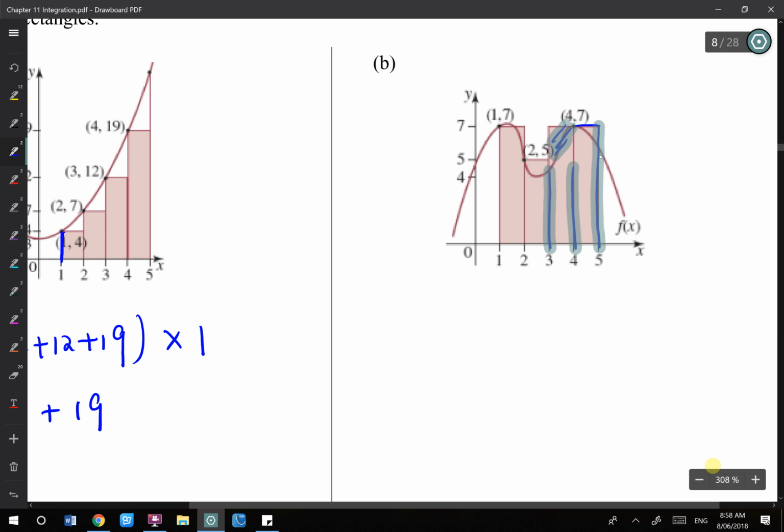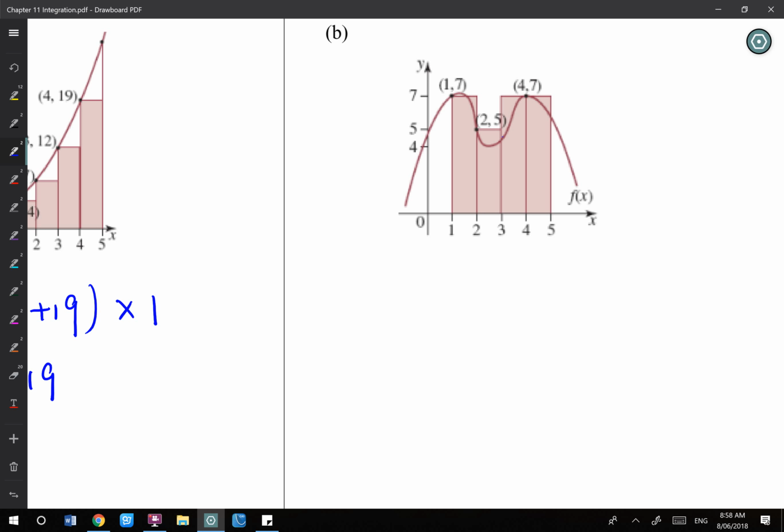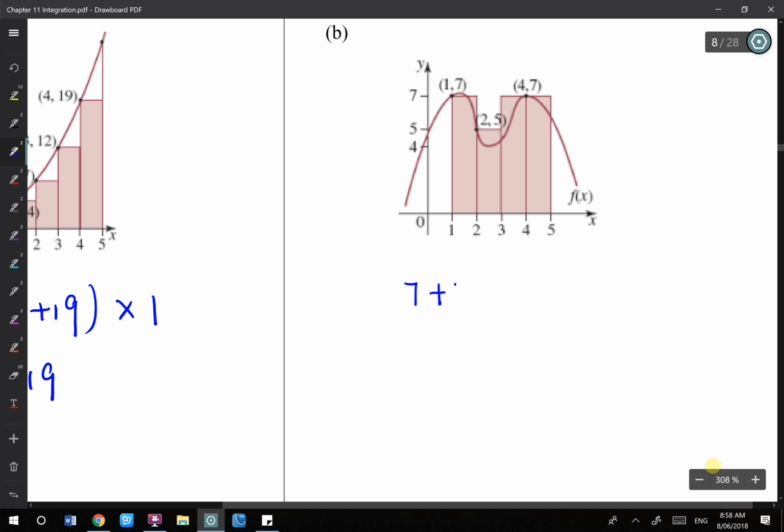But this will be given. If they ask this type of question, they will give you the graph. It's not asking you to sketch it. If the question asks you to approximate, it can only be left-hand side or right-hand side. So this one you have 7 plus 5 plus 7 plus 7, and that's still times 1. 26.